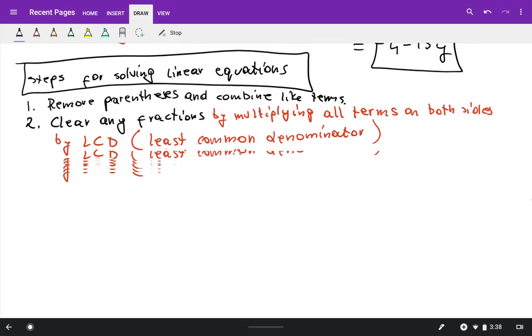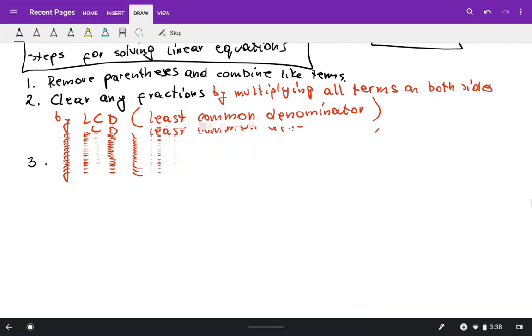Step number 3, group like terms on each side of the equation. I will skip that. Let's make that isolate the x term.